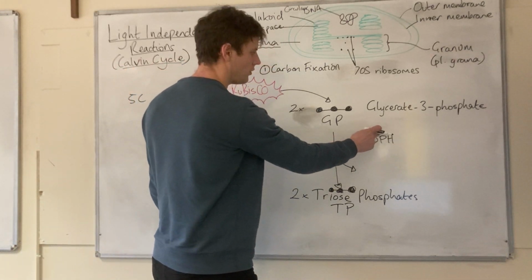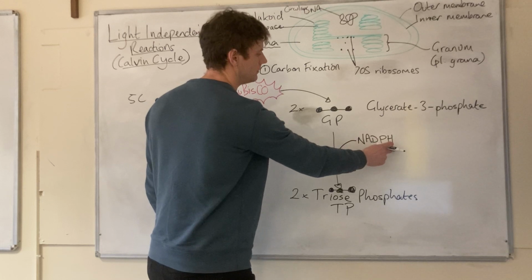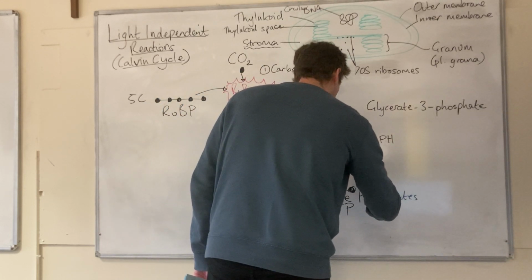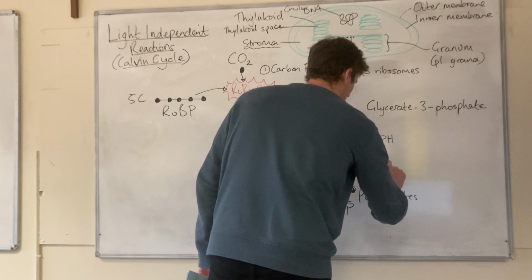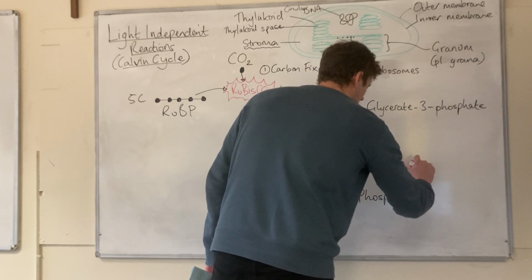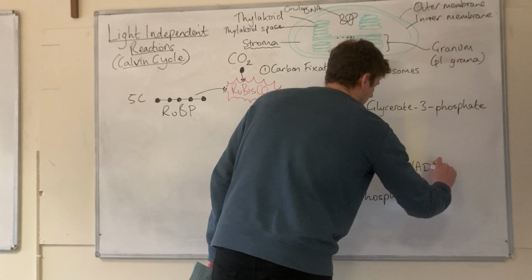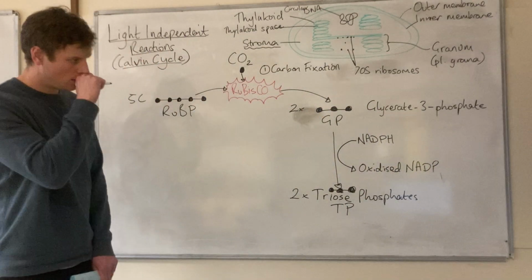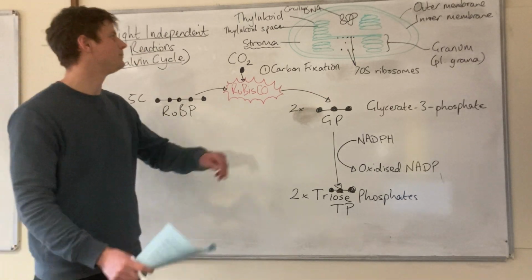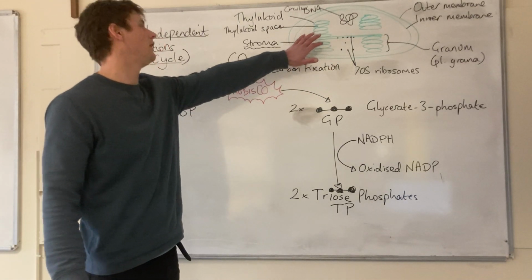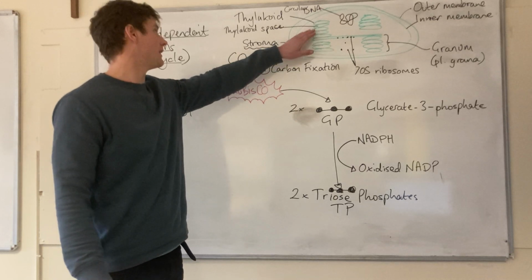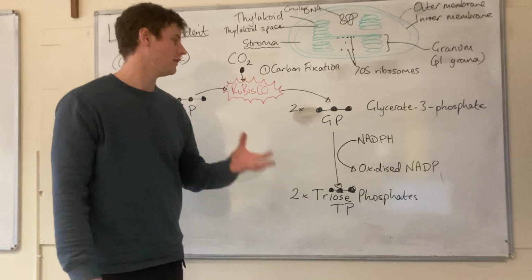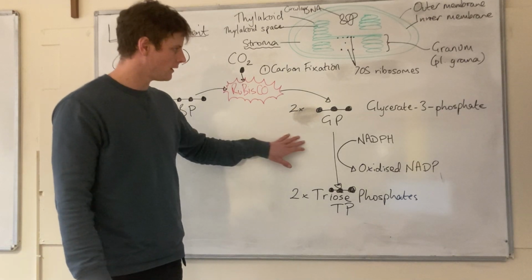As the reduced NADP donates it, it becomes oxidized. So we've now got the oxidized NADP, which can then go back to the light-dependent reactions that are taking place at the thylakoid, collecting more hydrogen and more electrons.